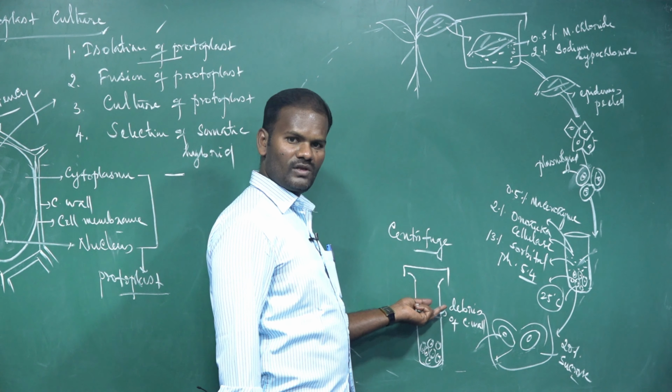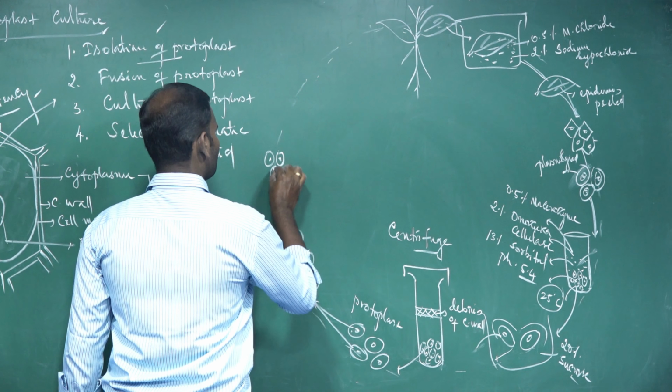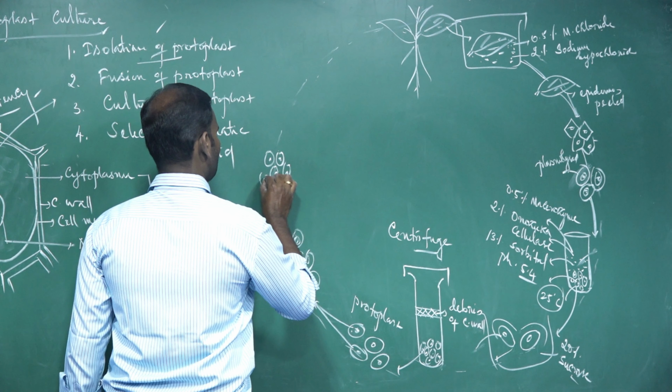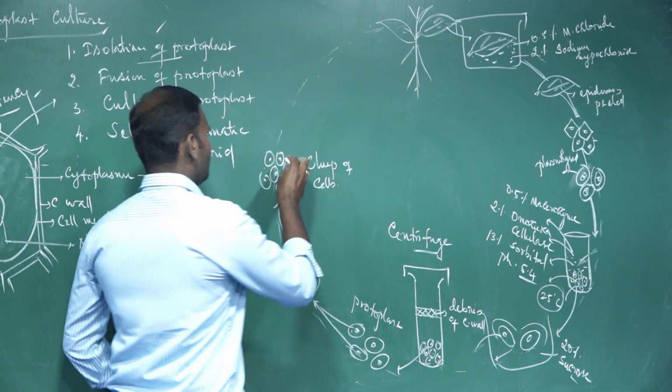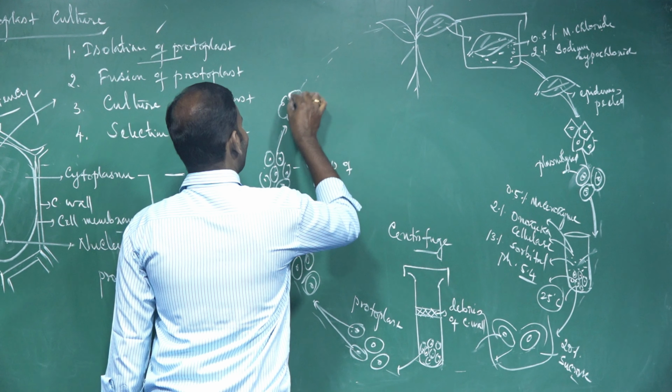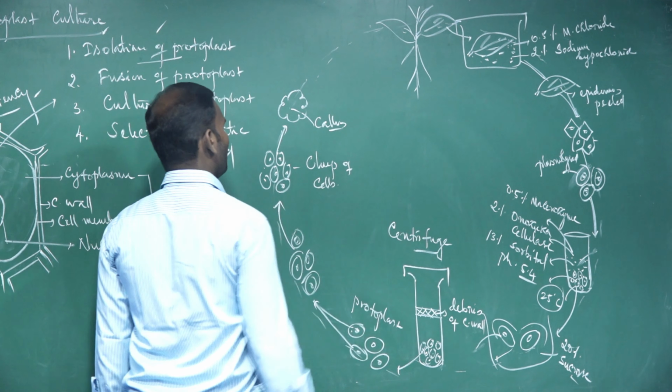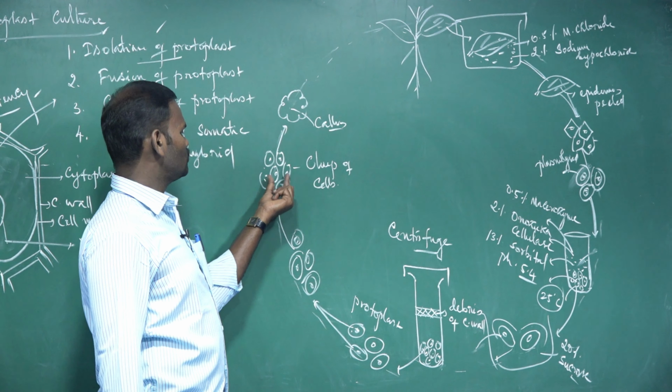Now the protoplasts are induced to regenerate the cell wall. As a result, a clump of cells is formed. The cells agglutinate or clump together to form a callus, an unorganized mass of undifferentiated cells.